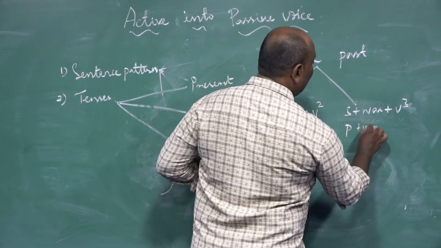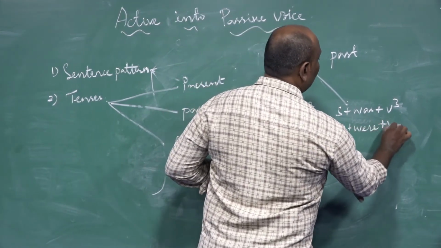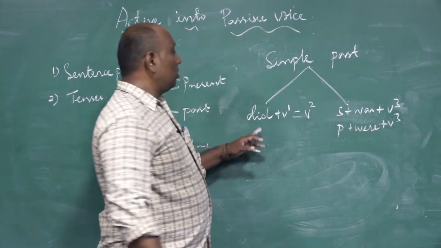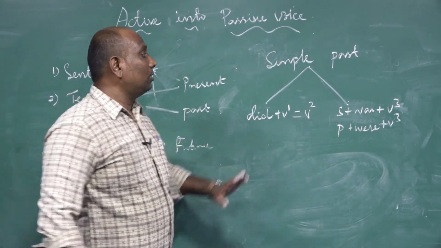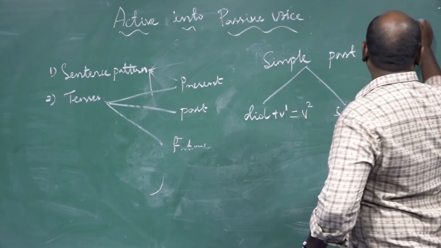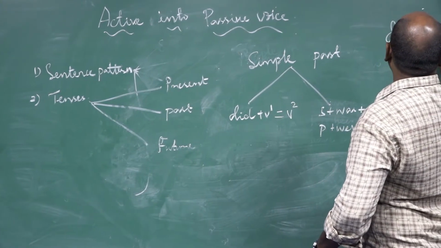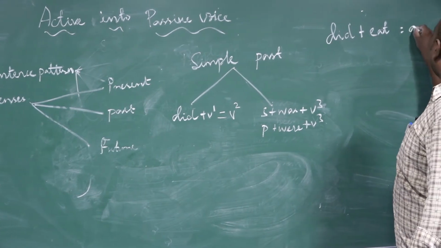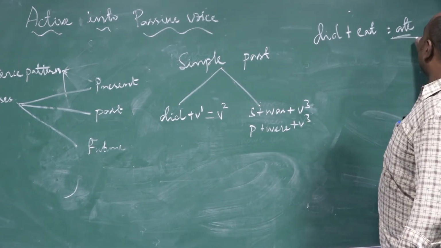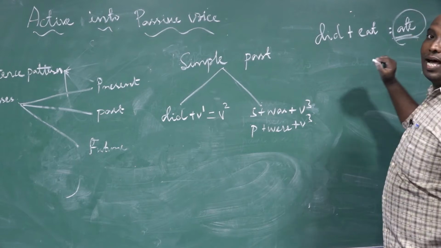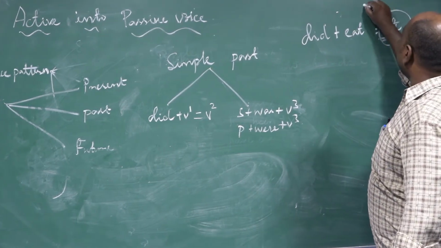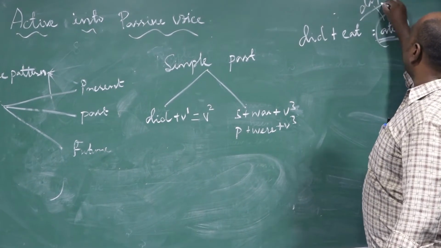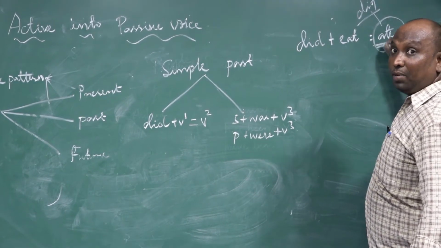Plural, we require were plus verb third form. So look at this, for how the verb will turn. For example, did plus eat will turn as ate. If you find ate in a line, what is the auxiliary in it? Did. Did auxiliary is hiding inside the main verb.